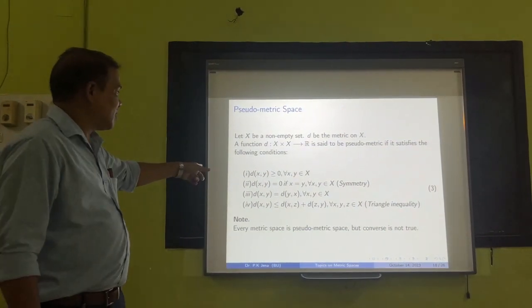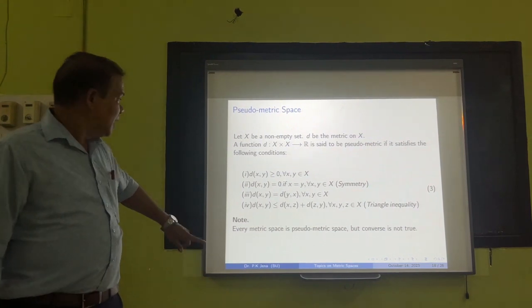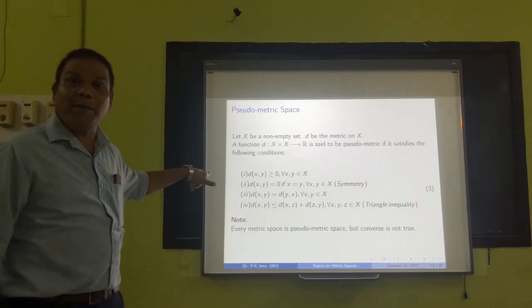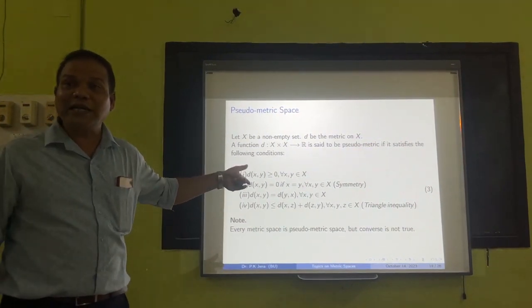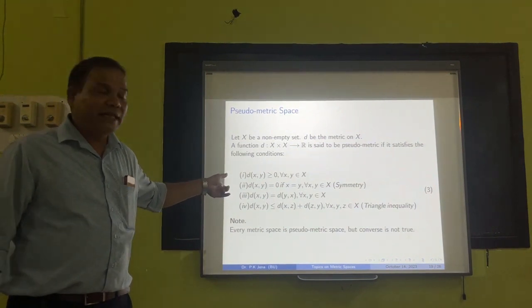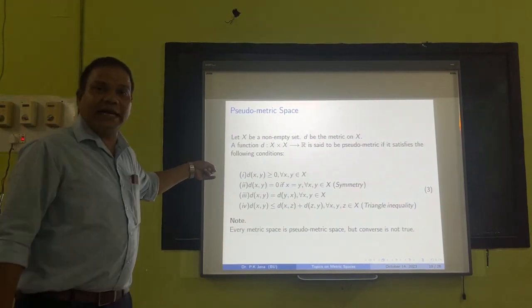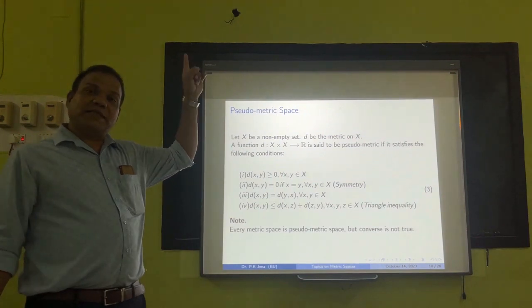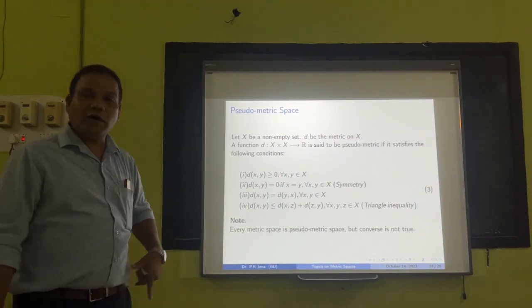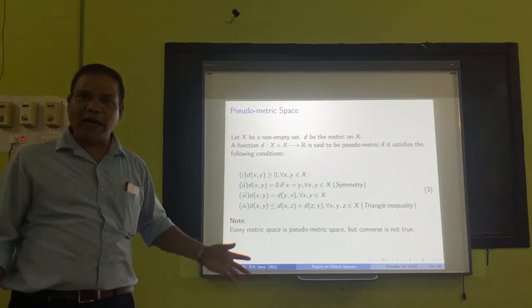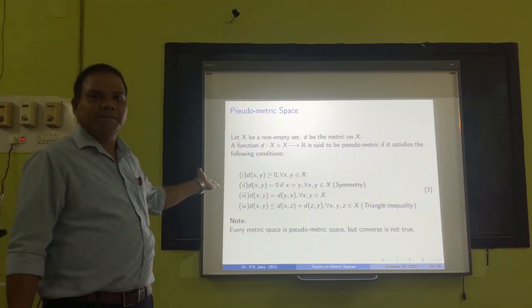D of x y is greater than or equal to 0 for all x, y belonging to X. D of x y is 0 if x is equal to y. The rest of the property is absent here. In the metric space, the second property was D of x y is 0 if and only if x is equal to y. Here one property is absent.